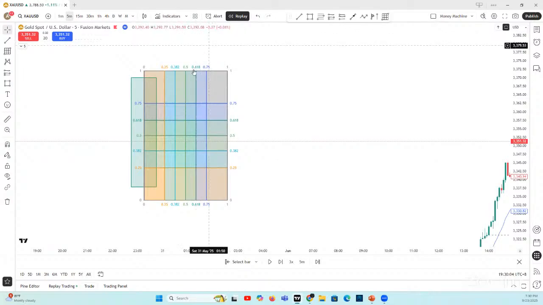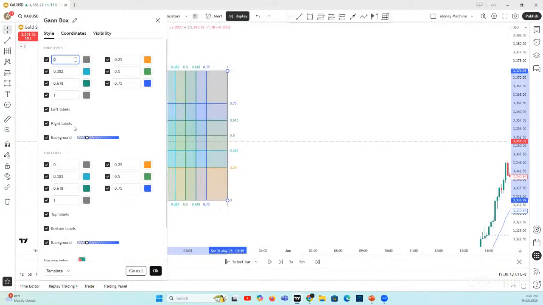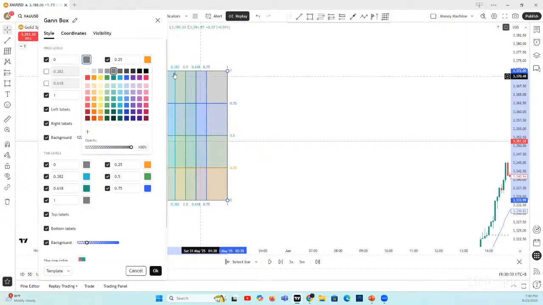So it looks like this, my friend. I don't like this. So what you will do is just customize it yourself. You will uncheck what you don't need here. You don't need this. You don't need that. Yes, you need this. And then you just change the color of the lines there. For the zero, you change it to black.